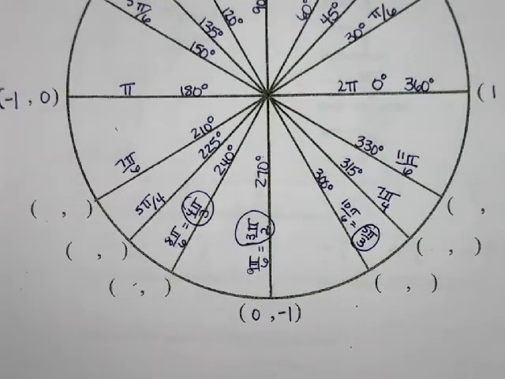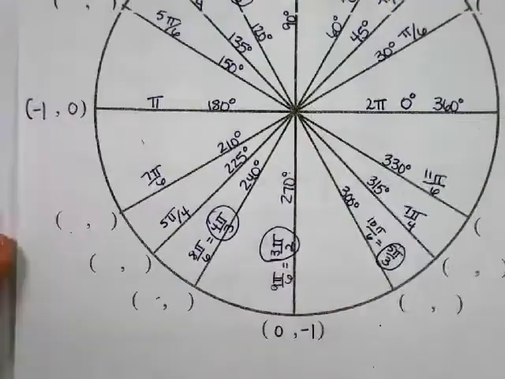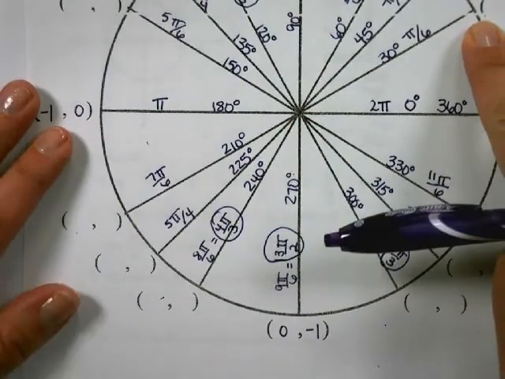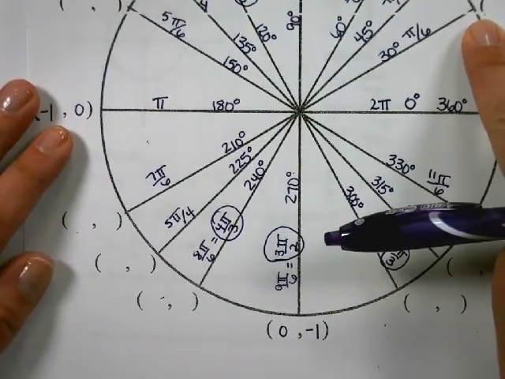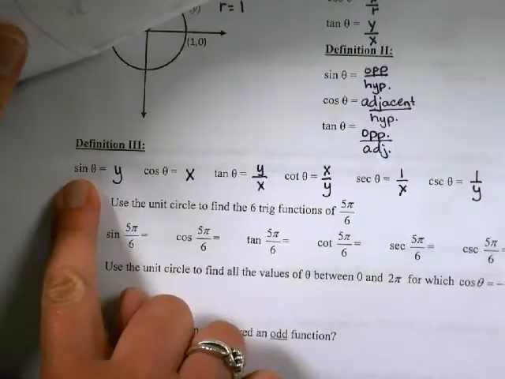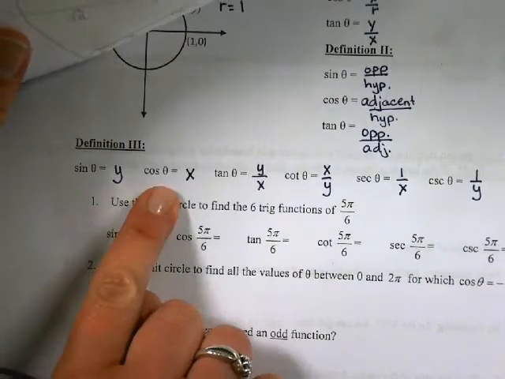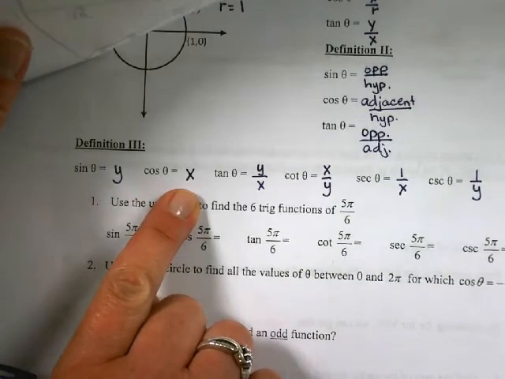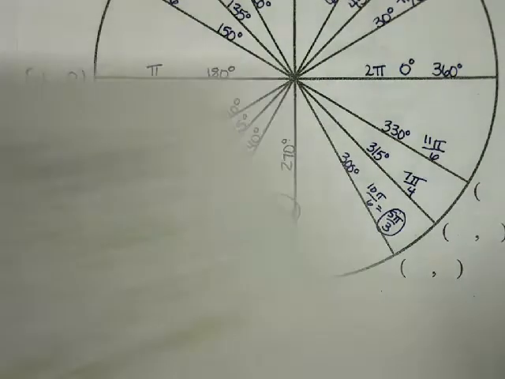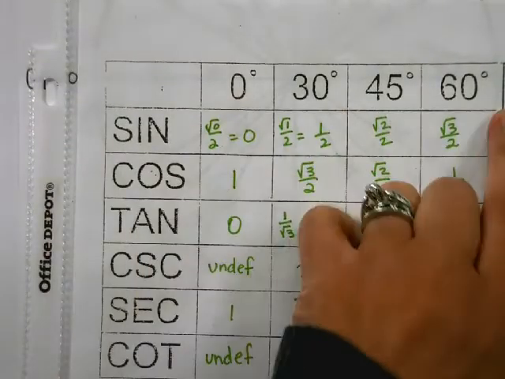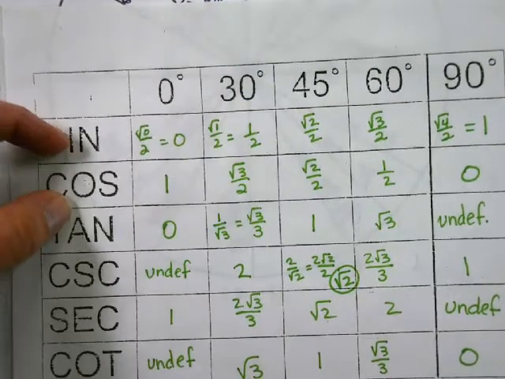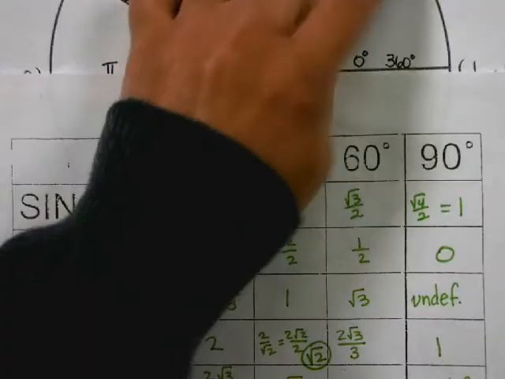Okay, now, think about what we talked about just a second ago. If my R is 1, and my y coordinate is related to my sine value, and my cosine is related to my x value, and I know the exact value for everything in quadrant 1 in terms of sine and cosine, can I use my exact value chart to figure out these guys?